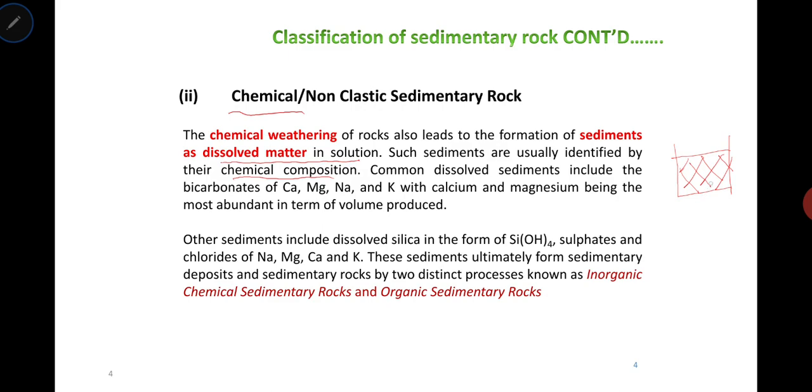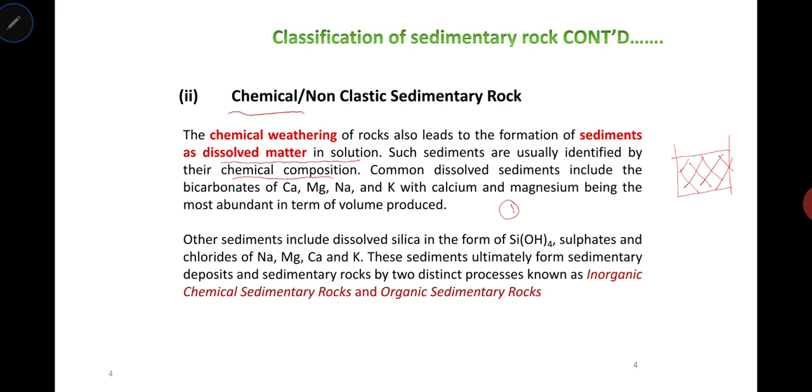The common chemical composition includes the bicarbonates, which is calcium, magnesium, natrium, and kalium, with calcium and magnesium being the most abundant in terms of volume produced. That is one type of chemical process of sedimentary rock. The other, we do have from sulfates and chloride, from natrium, magnesium, calcium, and kalium, and this sediment ultimately forms sedimentary deposit and sedimentary rock by two distinct processes known as inorganic chemical sedimentary rock.